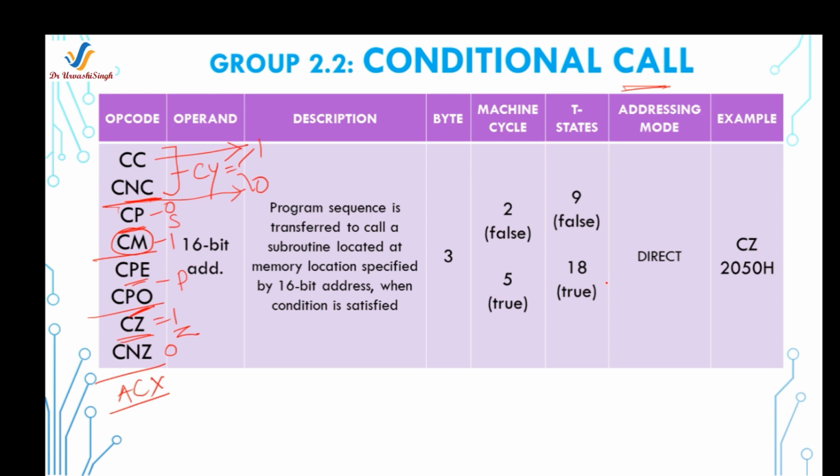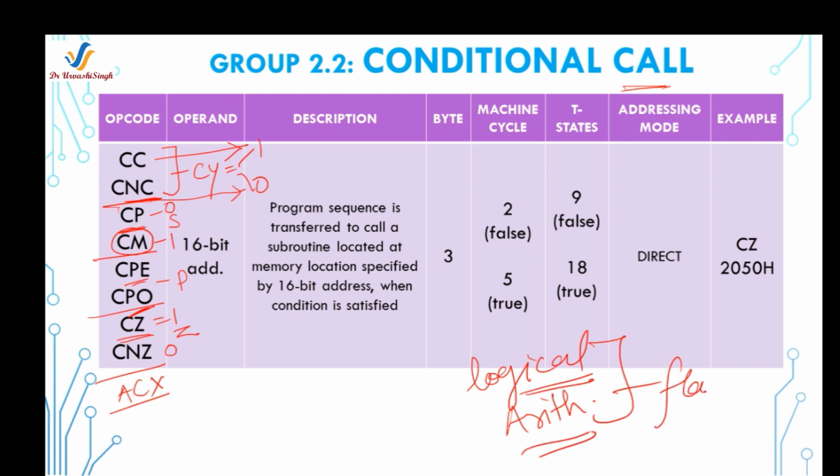For all these conditional instructions, before them there must be some logical or arithmetic instructions executed, because after that the flags will be updated, and hence it can check the condition or status of these flags, on which the microprocessor will decide to transfer the control or to execute the next instruction.